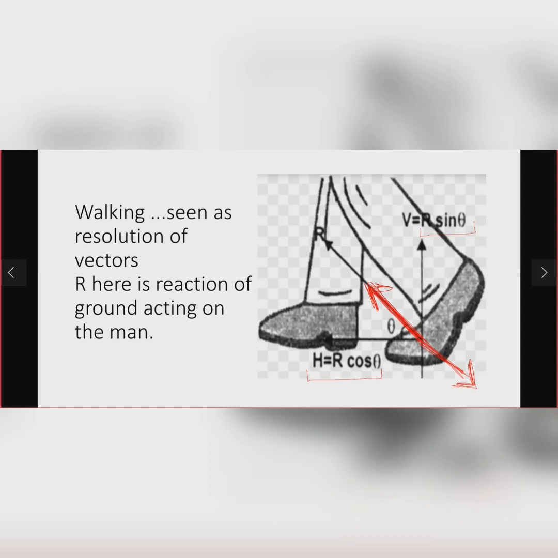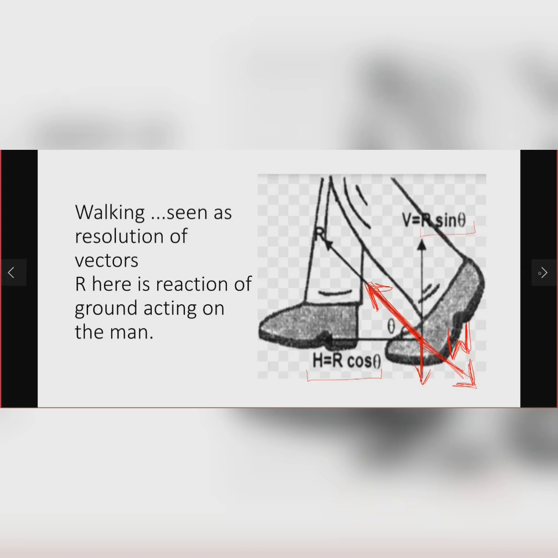Which of these forces is acting along the horizontal direction? Ma'am, r cos theta. So r cos theta is the component responsible for taking us in the forward direction, and the r sin theta component is balancing our weight. Our weight is acting downwards, so that is being balanced by the r sin theta component, and the r cos theta component is responsible for us walking forward.